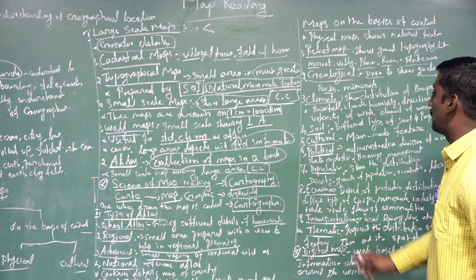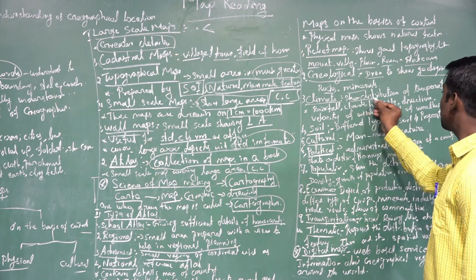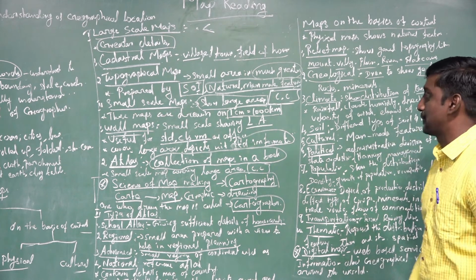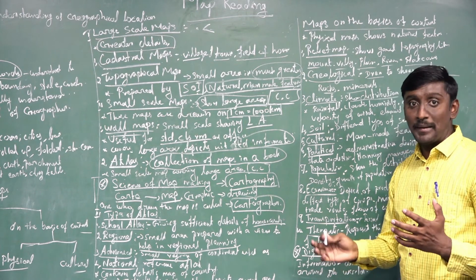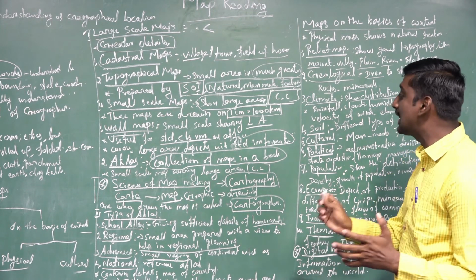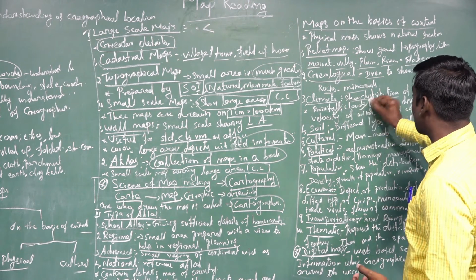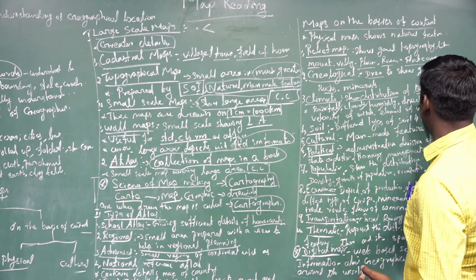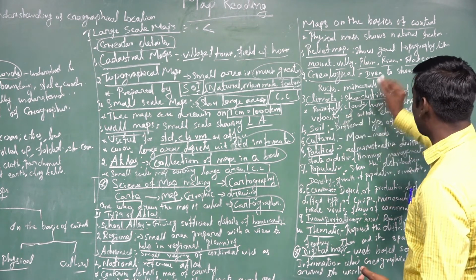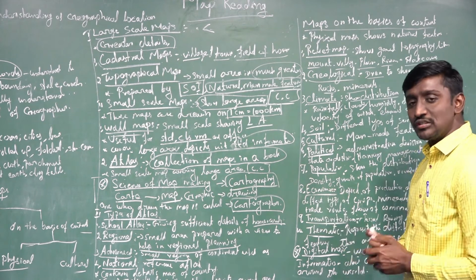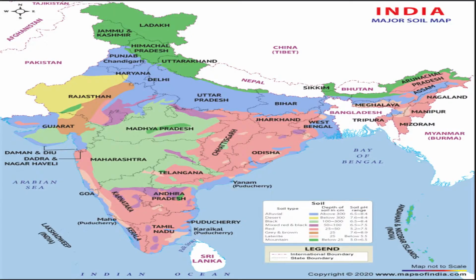Climate maps show the distribution of temperature, rainfall, clouds and weather, humidity, direction and velocity of wind. And next, soil. The soil map shows the different types of soil and their properties.